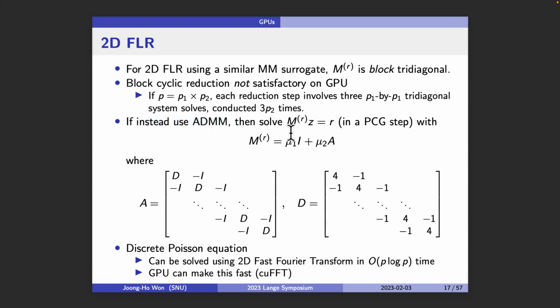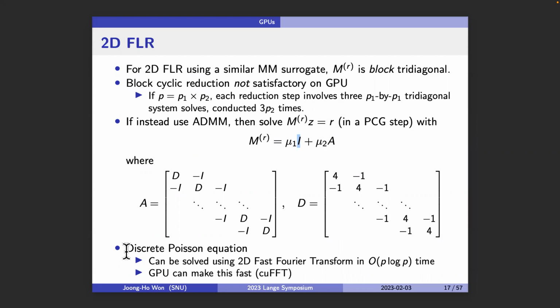And it also involves the PCG step, but this time, this MR matrix has a much simpler structure involving the identity matrix and some matrix I named A. And the A matrix has again a block tridiagonal structure, but it's much simpler and has specific values on the diagonal and off diagonal. And it turns out that it has to do with the two-dimensional discrete Poisson equation.